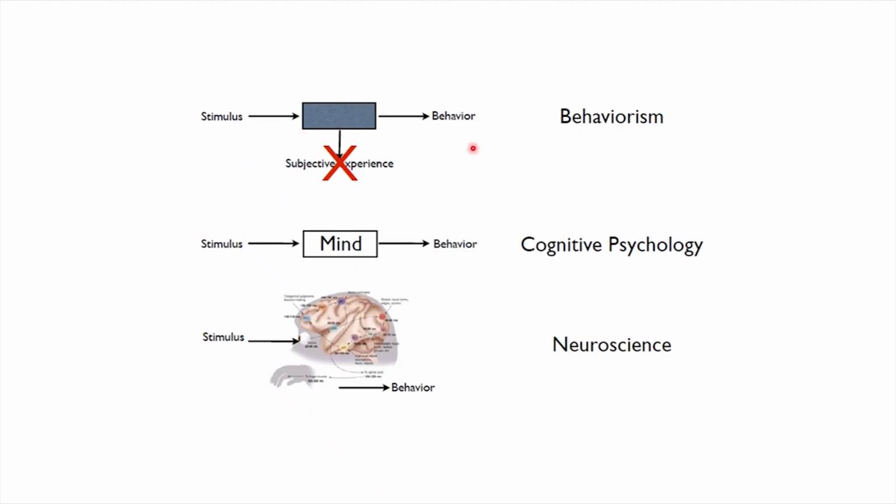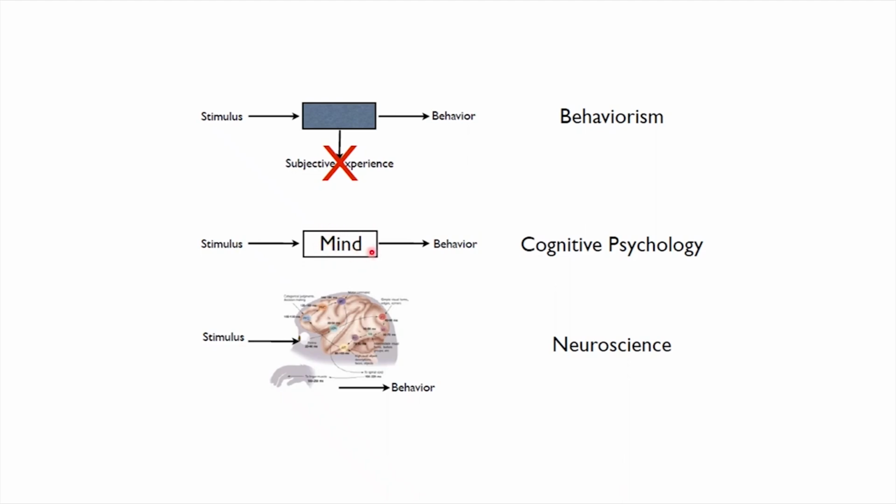That is one approach. Now, the same phenomenon of stimulus to behavior mapping was studied by cognitive psychologists by explicitly considering the mind. They made models of the mind with different attributes, different features.